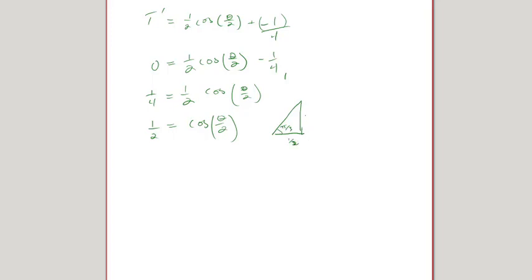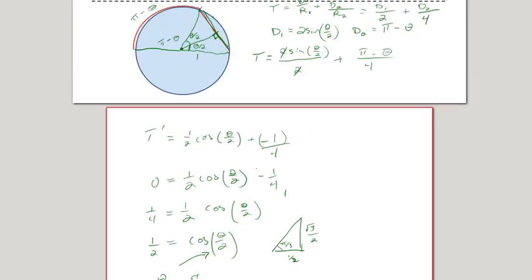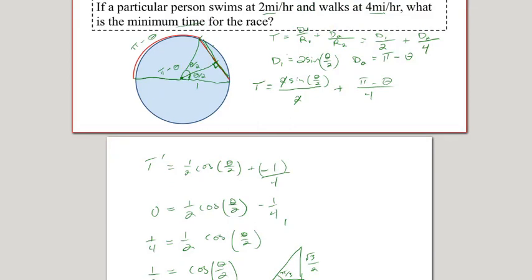Okay, so that means that theta over 2 must be pi over 3, in which case theta is 2/3 pi.